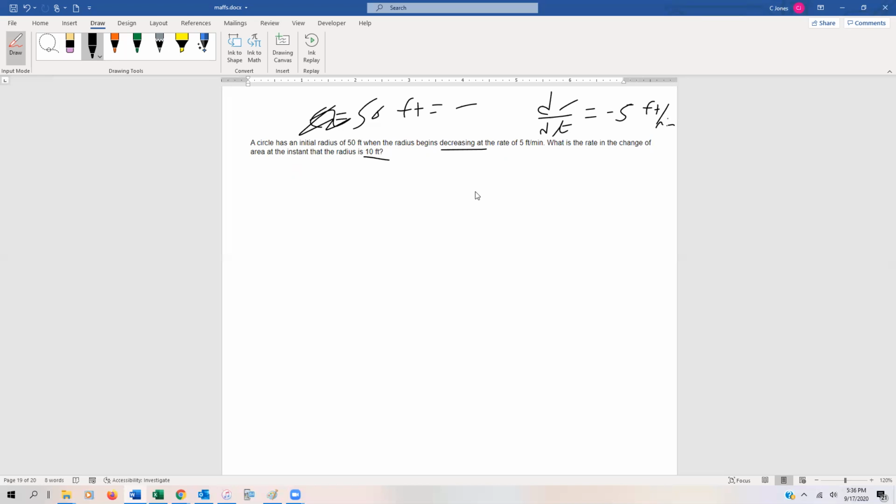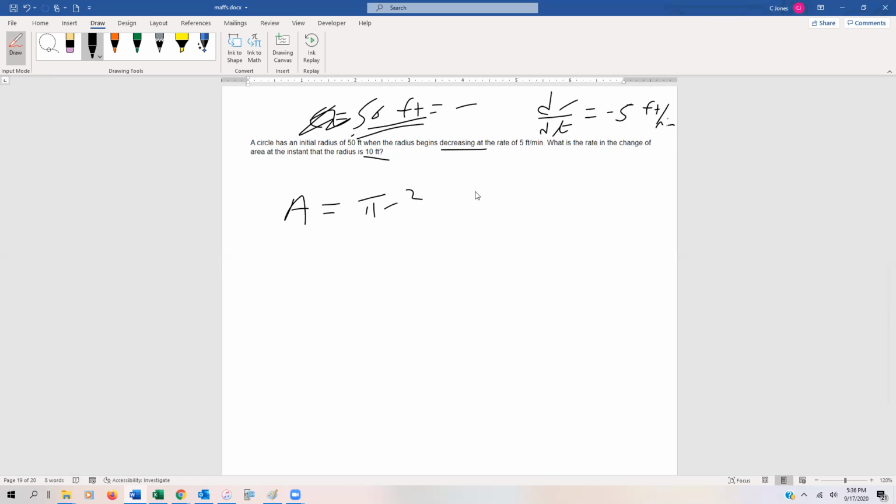First of all, area is equal to pi r squared. That's easy enough. If we substituted 50 back in, we could find the area, but we really don't need it. I don't know if this 50 feet factors anywhere into the problem, but let's see.